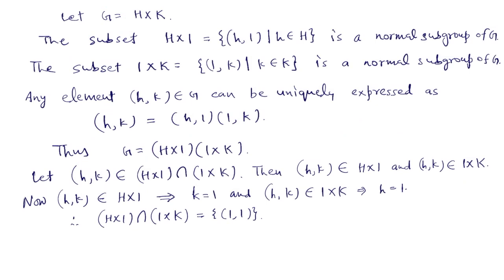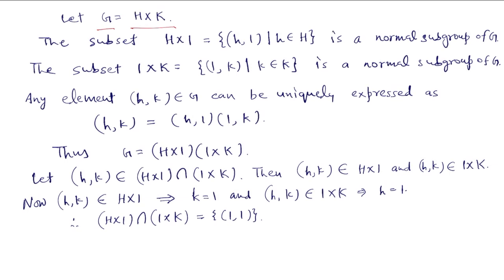So starting with two groups H and K, we obtained their external direct product G. Now let us see this external direct product in some detail. Consider the subset H cross 1 of G. In H cross 1 we have the second coordinate as 1 always. We can check that this H cross 1 is a normal subgroup of G, and similarly the subset 1 cross K, in this we have the first coordinate always 1.